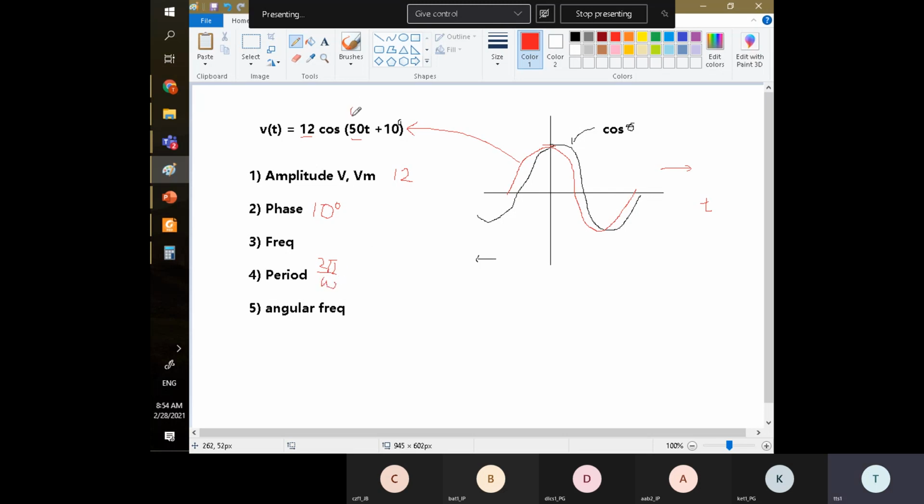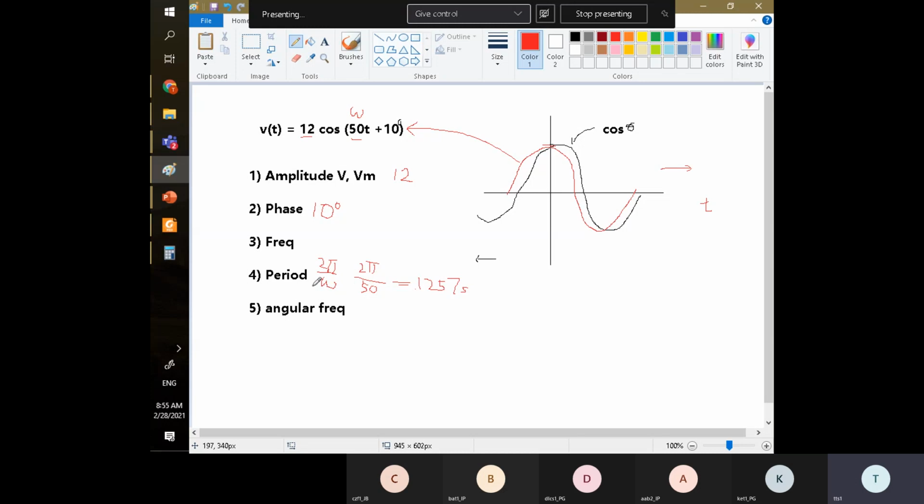So this is omega. Here's omega, omega t, right? So we take the 2 pi over 50. Okay, the answer is 0.1257 seconds.